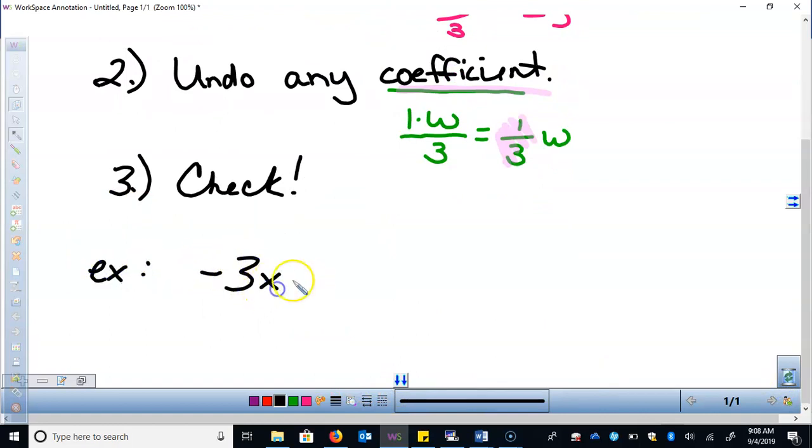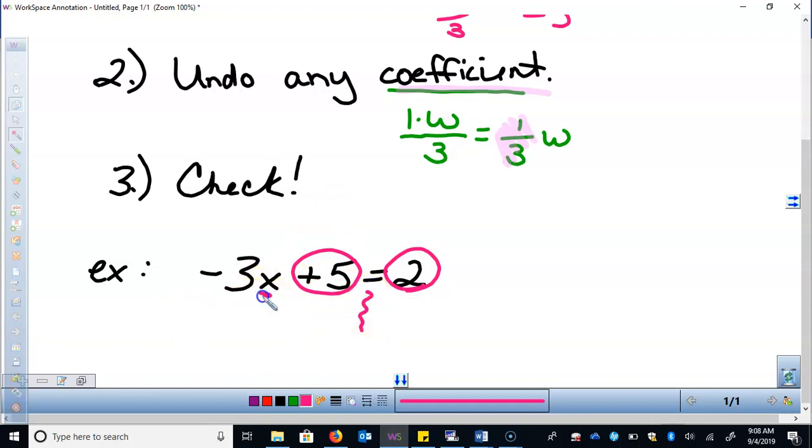So here's our first example. -3x plus 5 equals 2, okay? Our first step, remember, is to combine the constants. So I have a constant here and a constant there. I need to combine them on one side of the equal sign, okay?